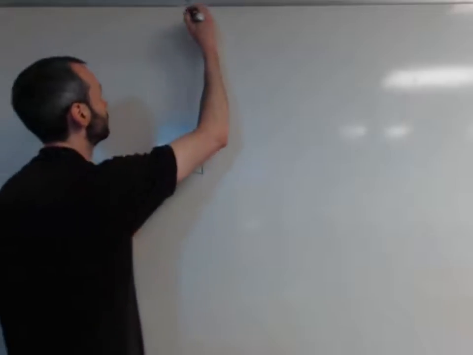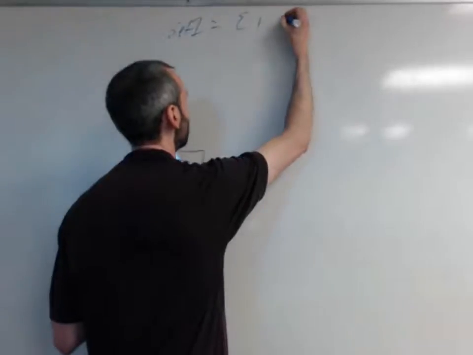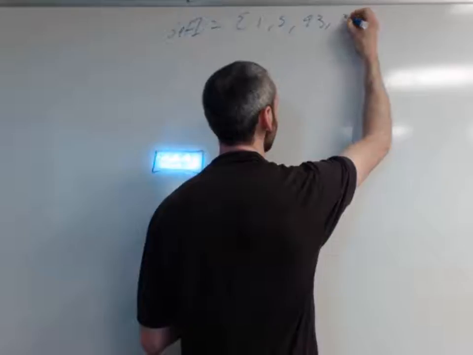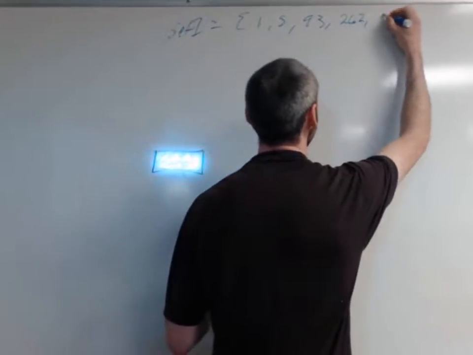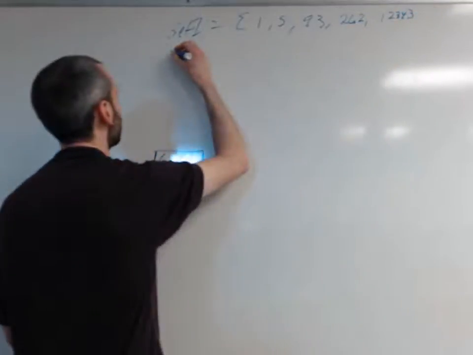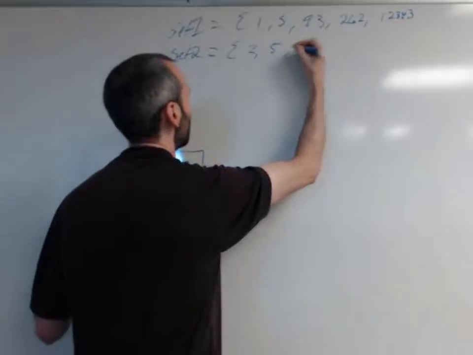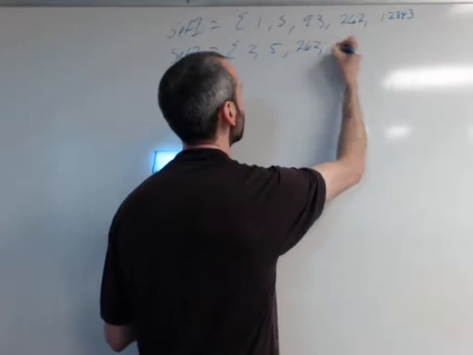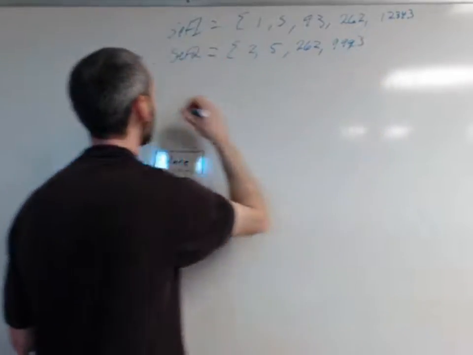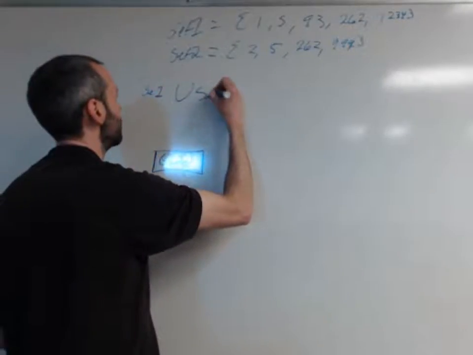All right, so we'll have set 1 equal to 1, 5, 93, 262. One of the best numbers of all time. Set 2: 2, 5, 2, 6, 2, 999. Okay. So set 1 union set 2. Oh, that was a weird set.